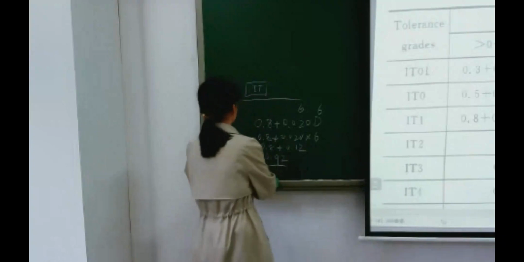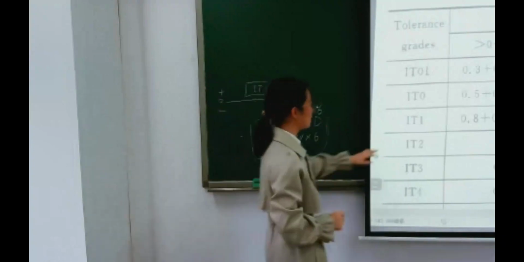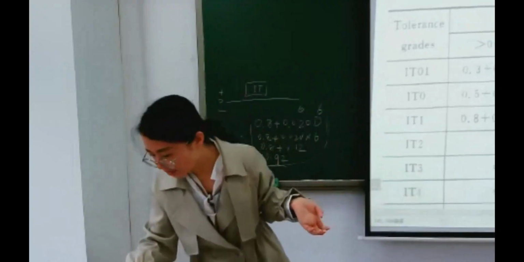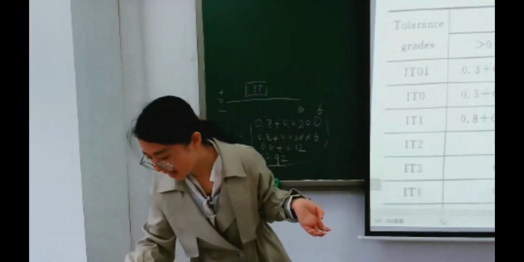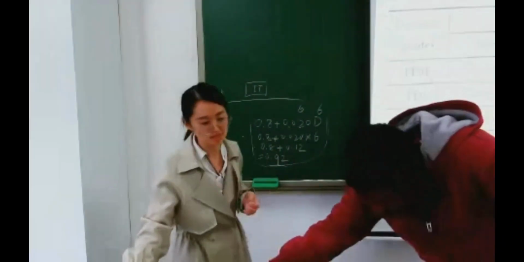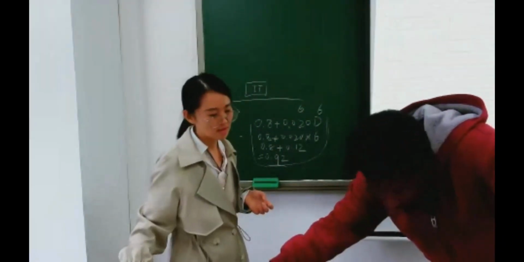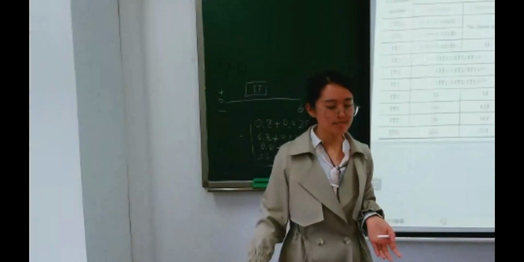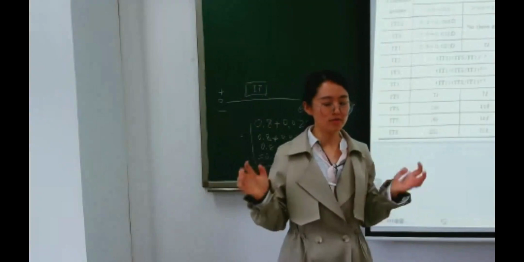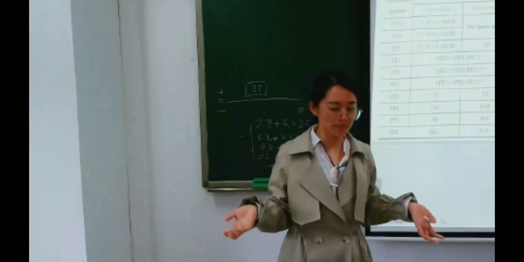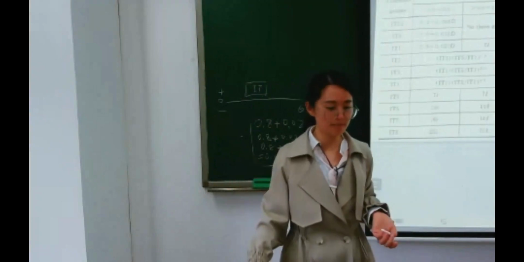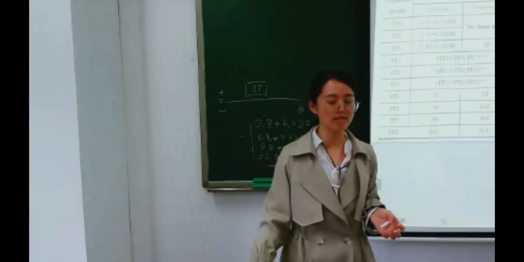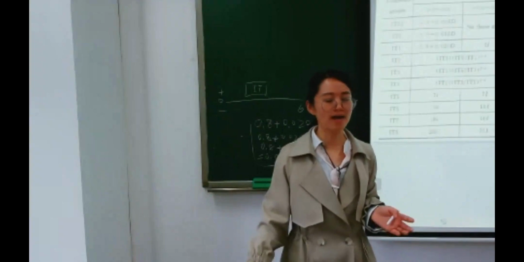I will give you this example just to show how to calculate the IT, the tolerance, the numerical values of the standard tolerance. These equations are empirical equations from much experience, used to calculate IT1.